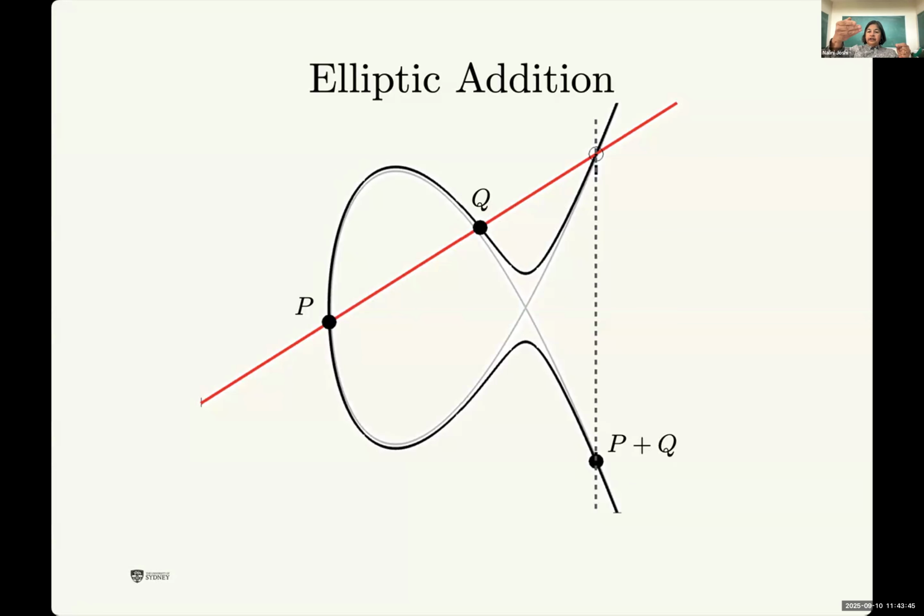The convention is that you take the reflection of that point to give you what's called the addition of the two points. And this forms a group action, with the identity element being the point at infinity. So there is both a continuous motion on the curve and a discrete motion on the curve. And this gives rise to discrete Painlevé equations.